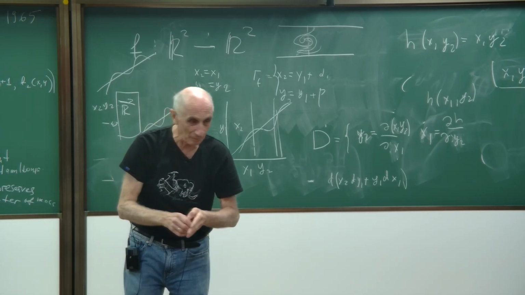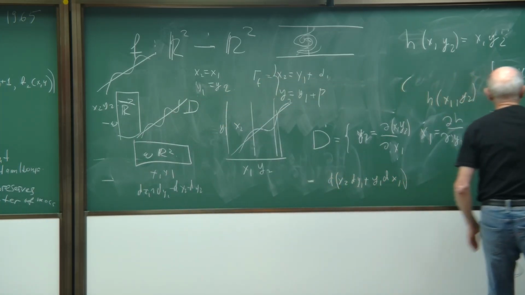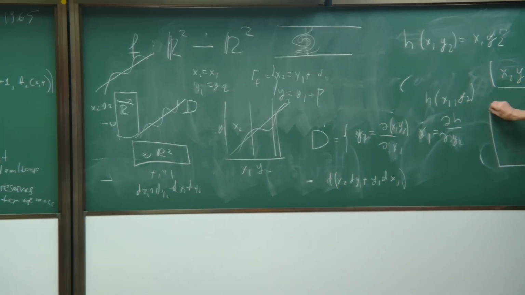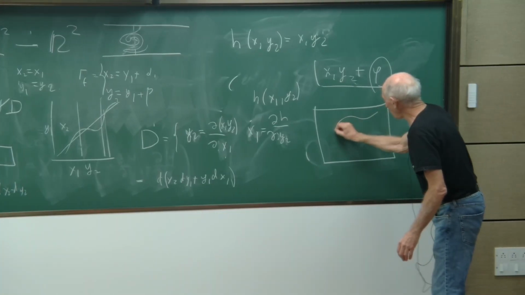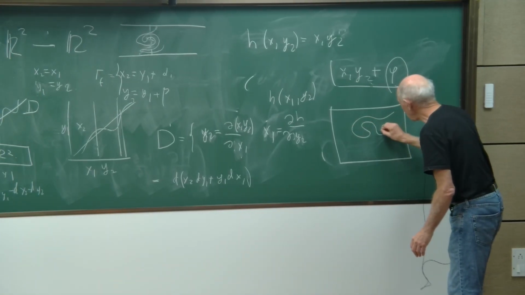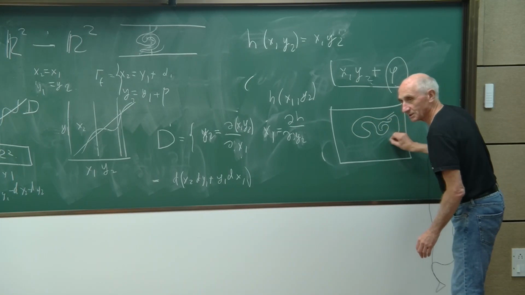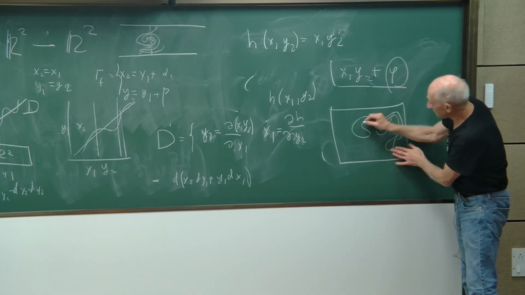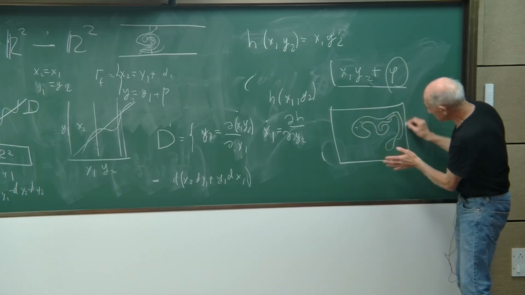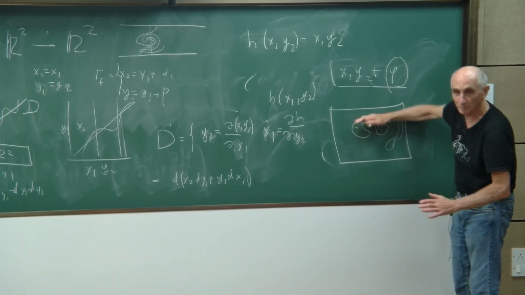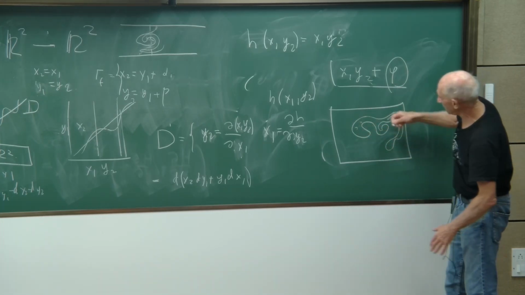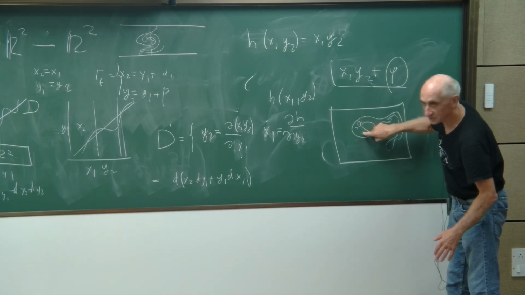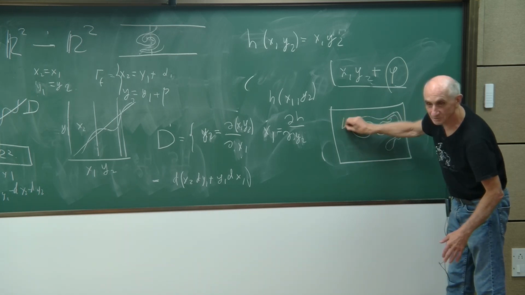Imagine that you have, say, a plane, and then you draw some curve which is very complicated. Then you consider a function which is positive, but this curve divides our plane into two parts. So I can take some positive function here and negative there.